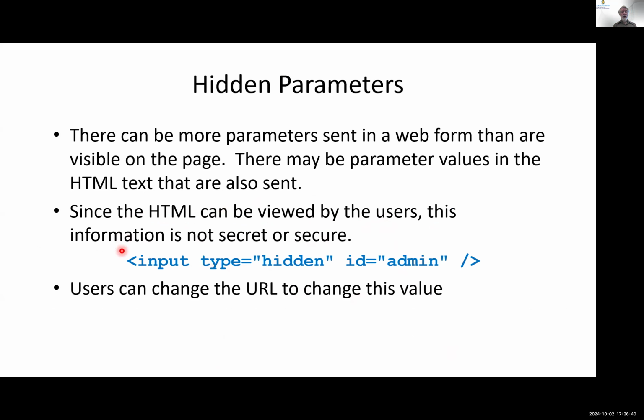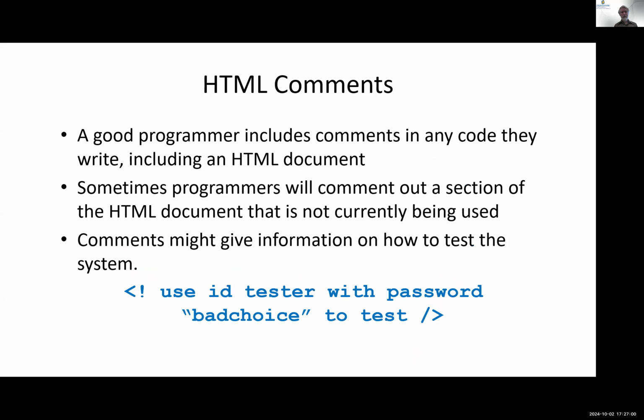An example here, we have type hidden, ID equals admin. Remember that HTML is not really secret. Users can see it. You can always right click your web page, say view source, and it opens up a page and shows you the source code and you can see all these things.